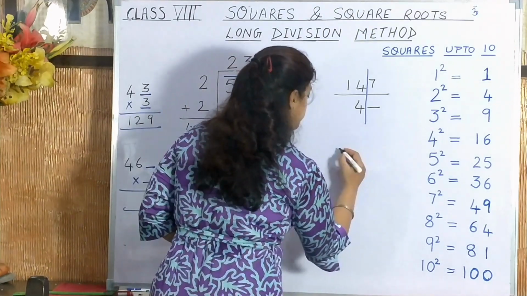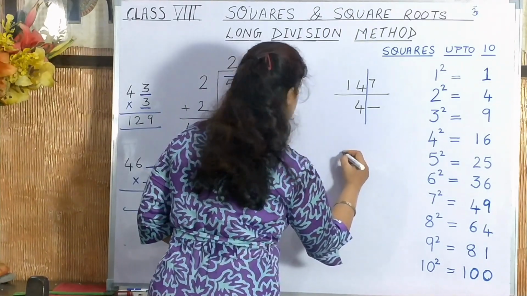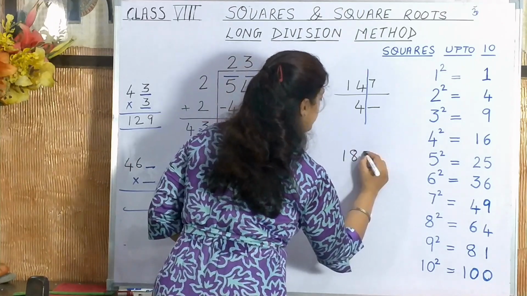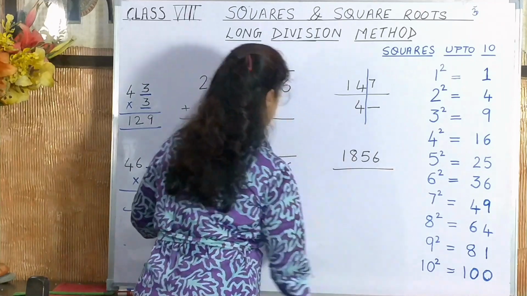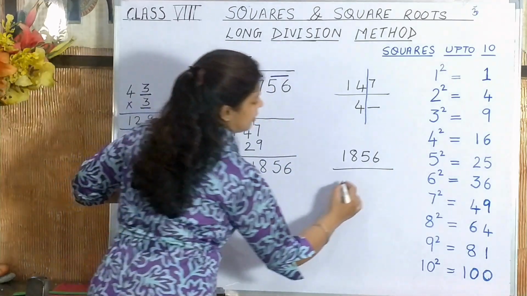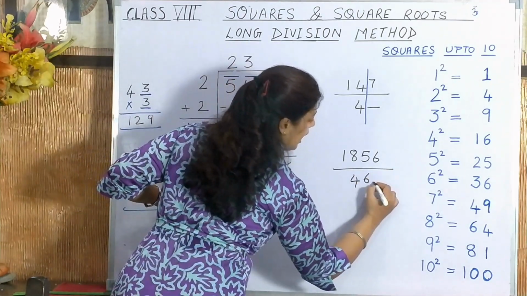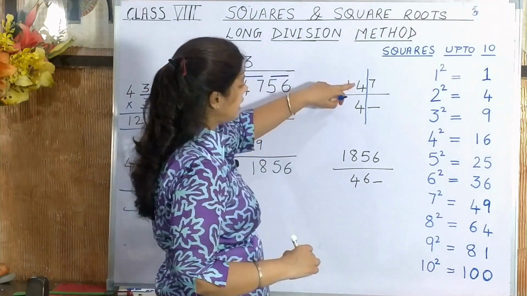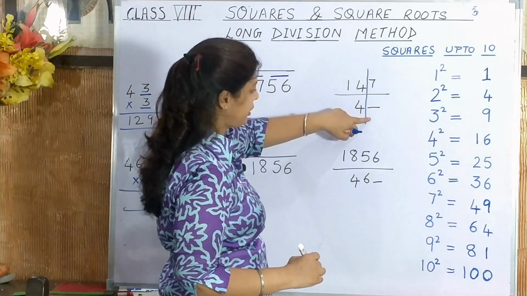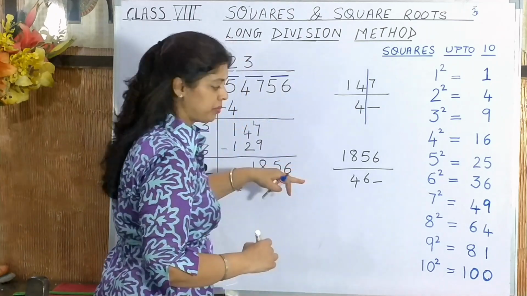Again, I repeat the same rule of approximate division. I write 1856, this time the dividend is 1856 in the numerator and the divisor is 4, 6 and the missing digit. Now, in the earlier case, I left out the units place and did the approximate division.